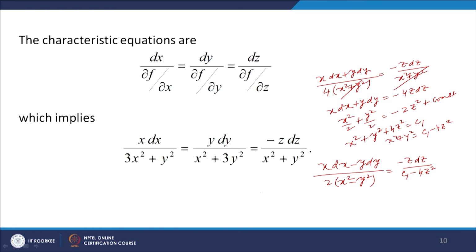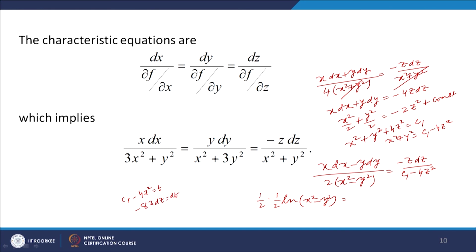So this is 1 by 2 times now x dx minus y dy over x square minus y square is 1 by 2 ln x square minus y square, and here what do we get? C1 minus 4z square, if you put equal to t, then minus 8z dz is equal to dt.